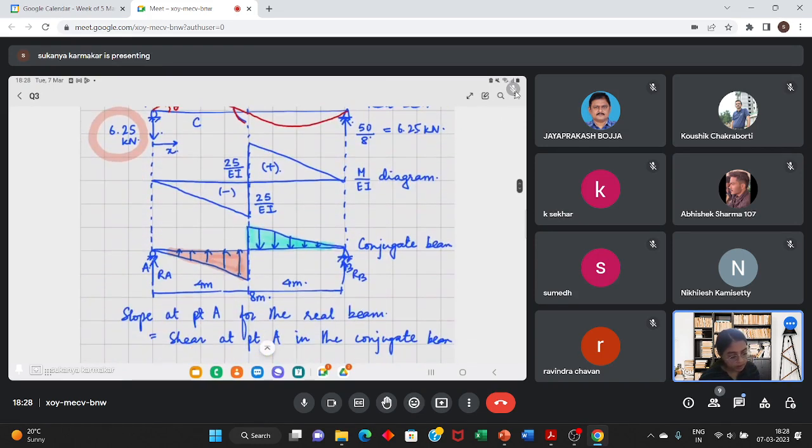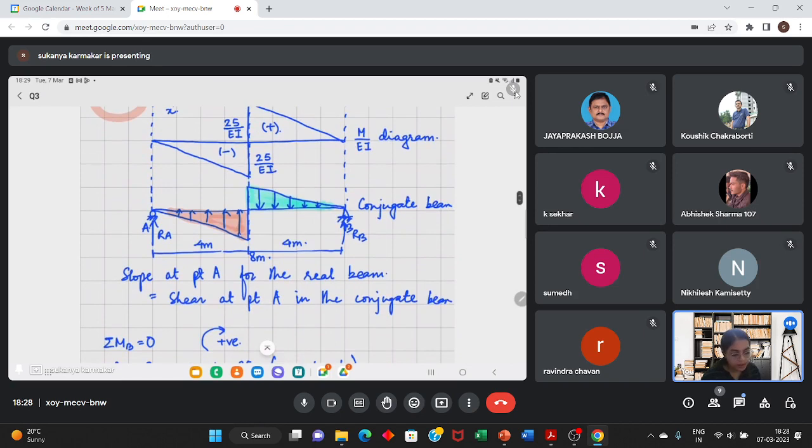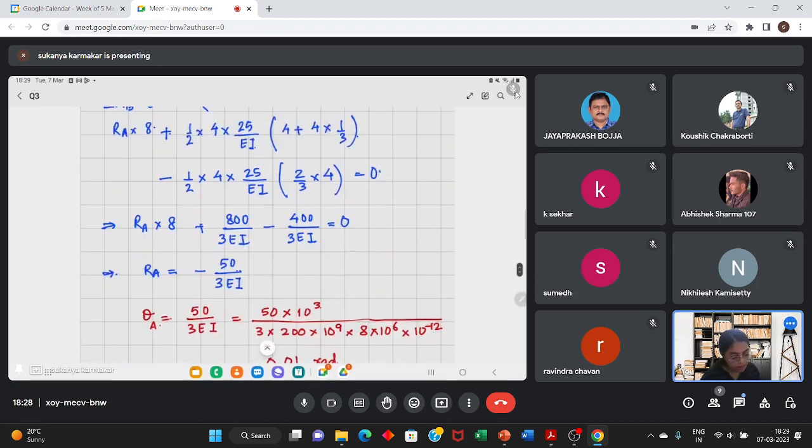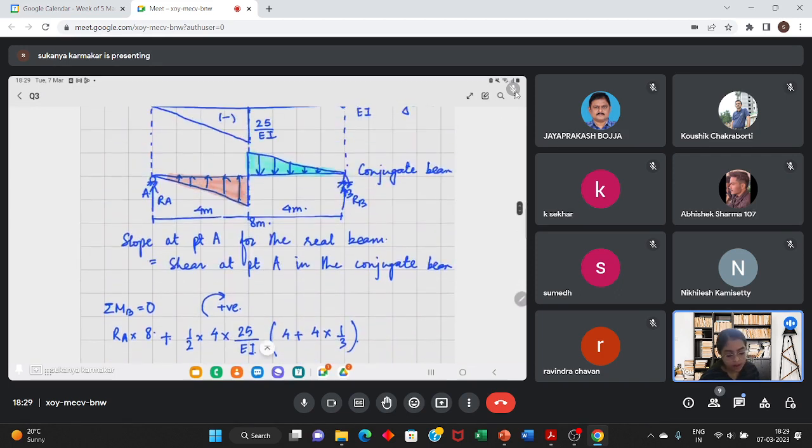Here was the conjugate beam, and in the conjugate beam you had calculated the support reactions, where RA was calculated to be 50 by 3 EI in the downward direction, and here I had assumed RA in the vertically upward direction. So basically the reaction is in the downward direction and the value is equal to 50 by 3 EI.